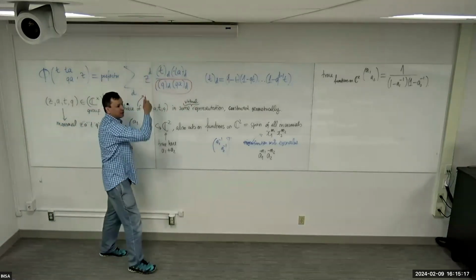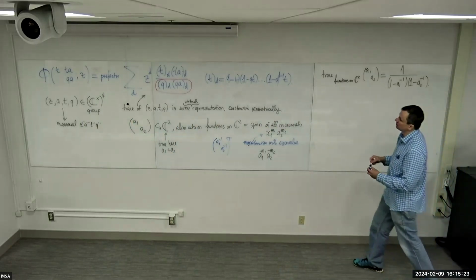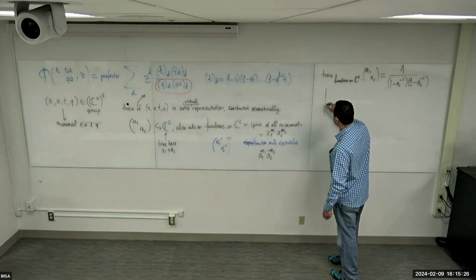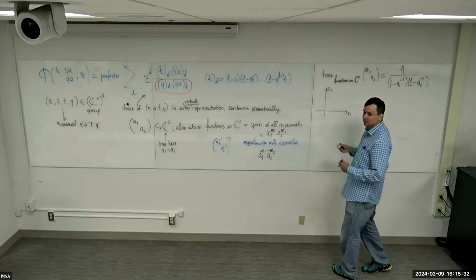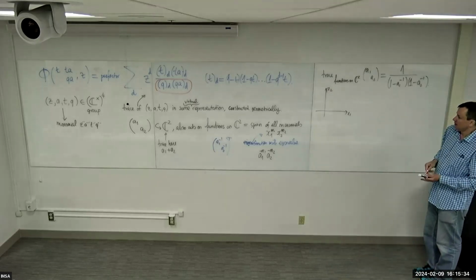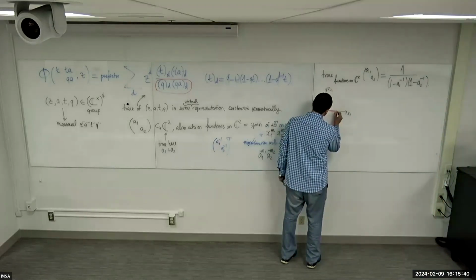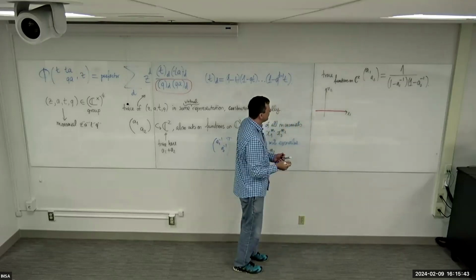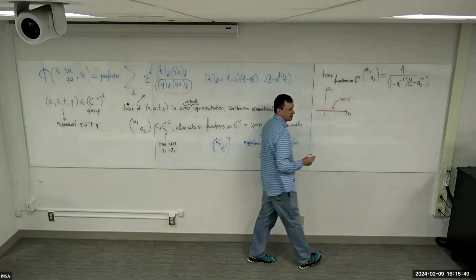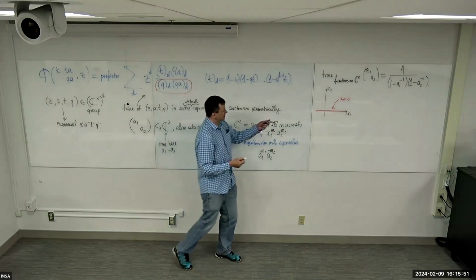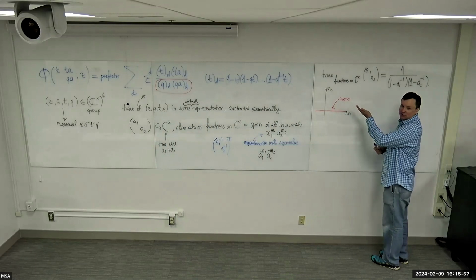Now, what about the numerator? So let me argue it like this. So these are my coordinates, x1, x2. And if instead of all functions, I impose the equation that x2 equals 0, that means I mod out by all functions that contain x2.